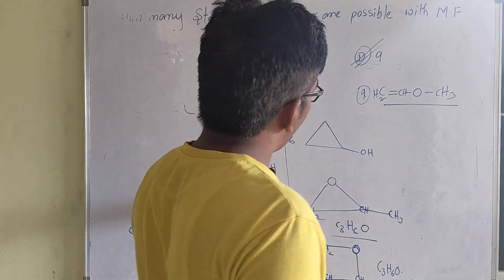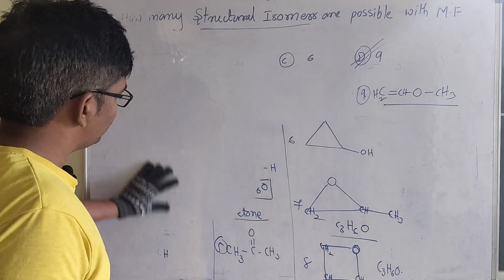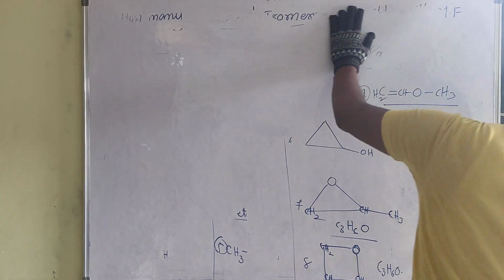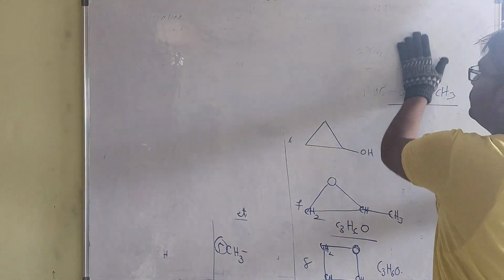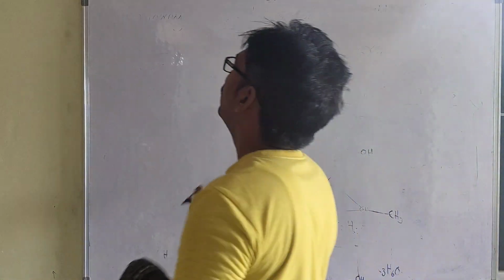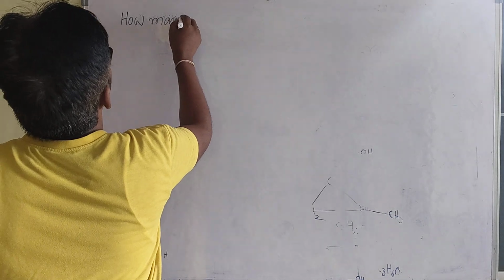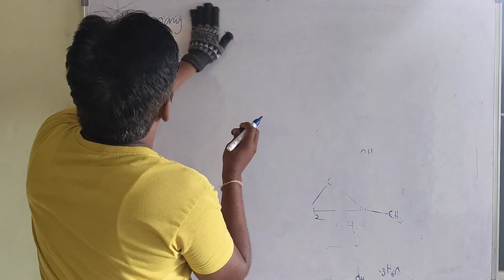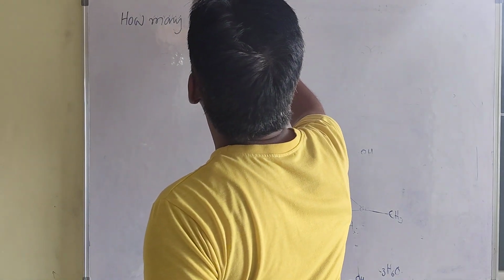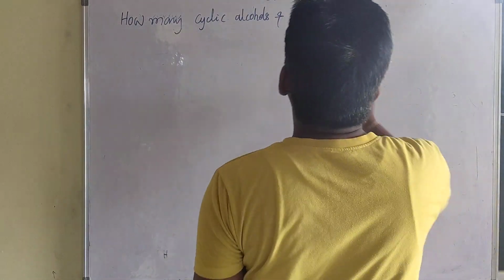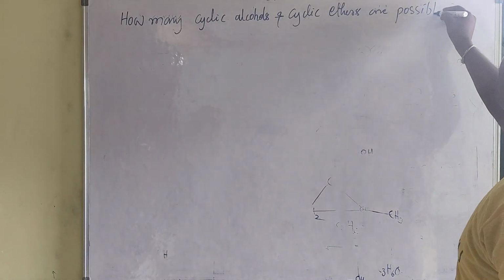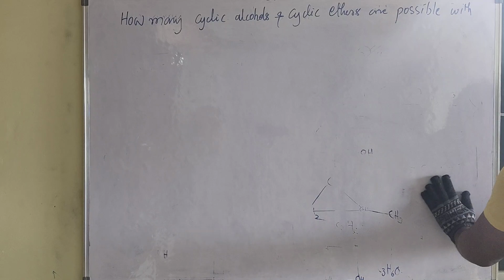How many structural isomers are possible, how many cyclic alcohols and cyclic ethers are possible with molecular formula C4H8O?